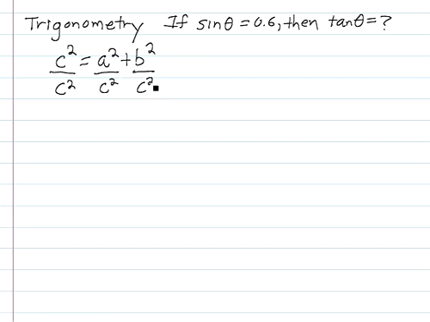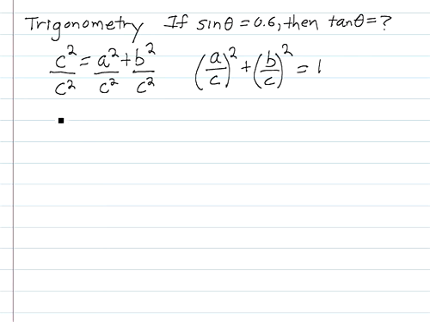So I'm doing everything to each term so it doesn't change the validity of the equation. So c squared over c squared is 1. I'm going to rewrite the equation. a squared over c squared is a over c squared. And b squared over c squared is b over c squared. And then c squared over c squared is 1.